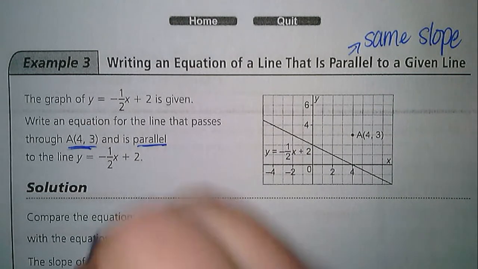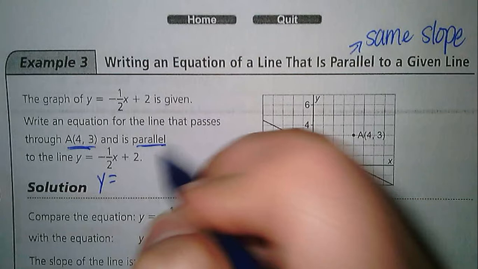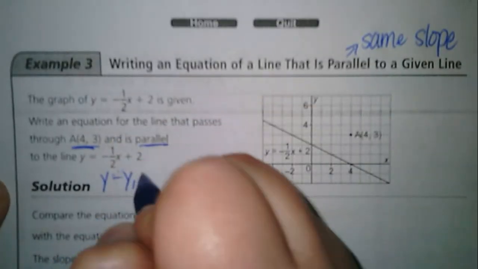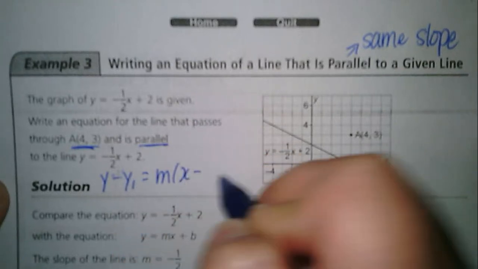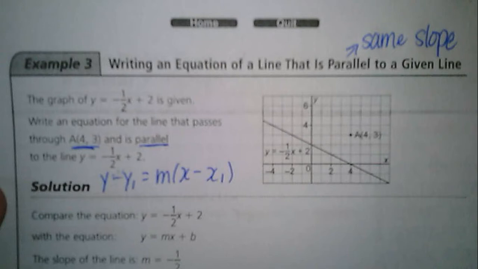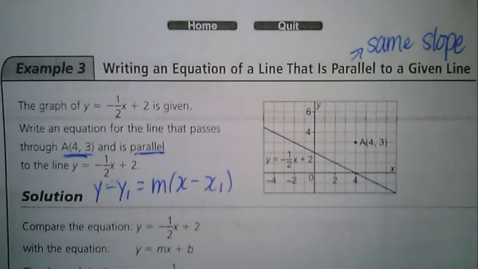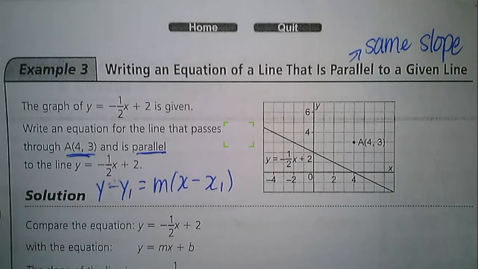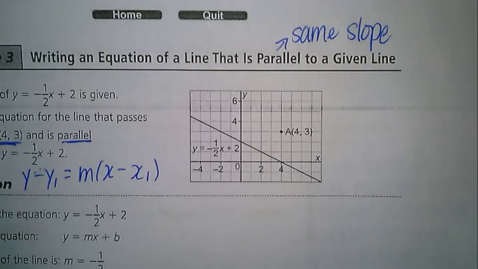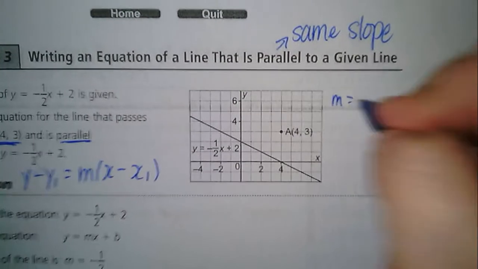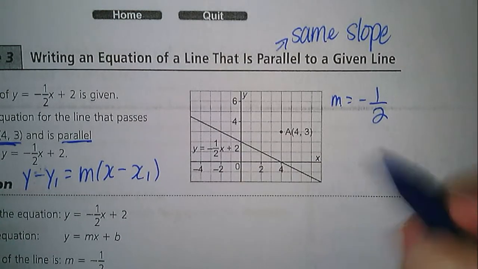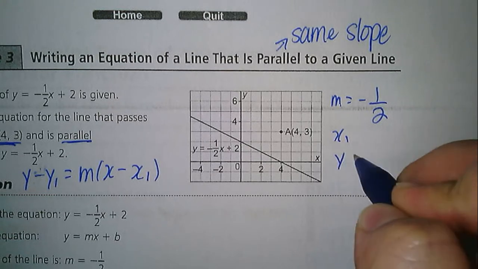So when I'm rewriting this in my slope point form, which is again this, that means that my slope, or my m value, has to be -1/2. So I'm just going to do the work here off to the side. All right, so that means my m has to be -1/2. Okay, and they gave me the 2 points. So x1, y1.